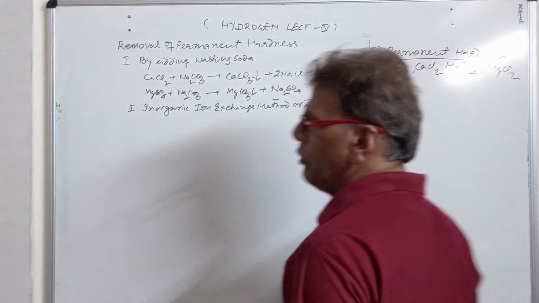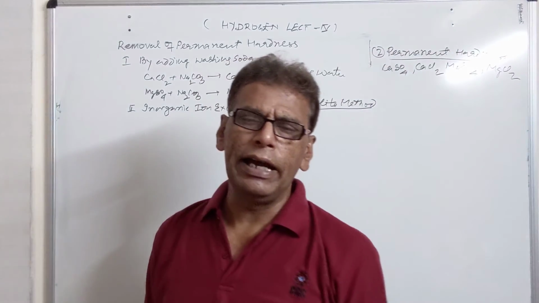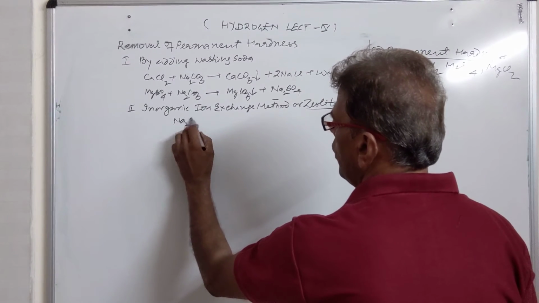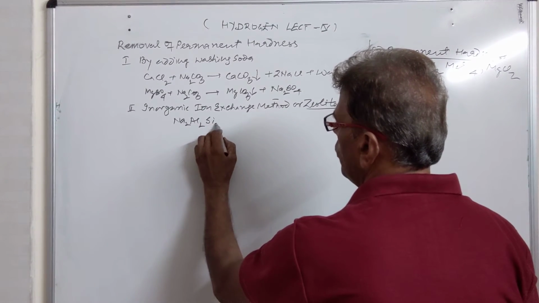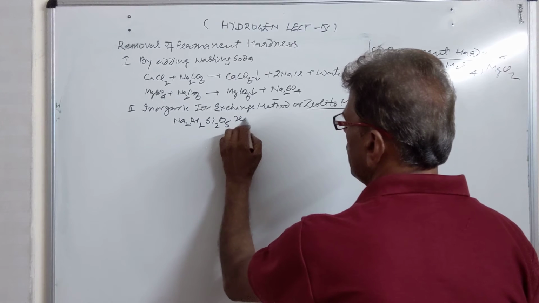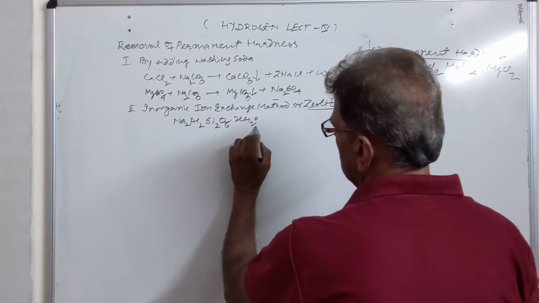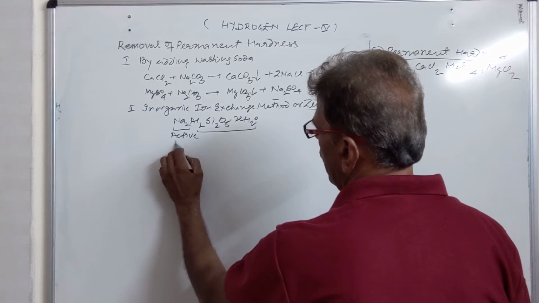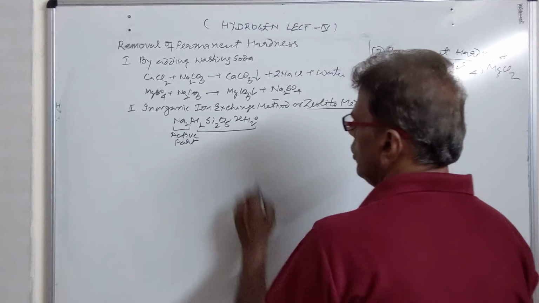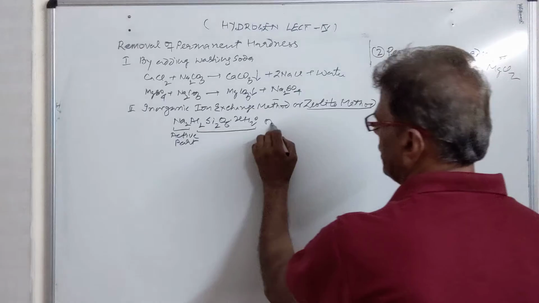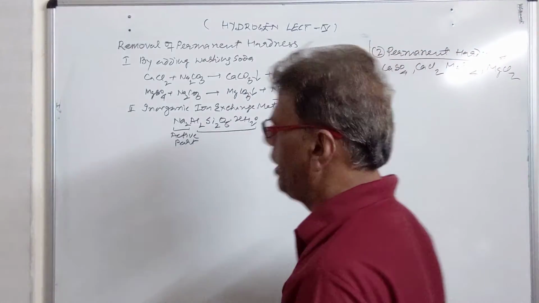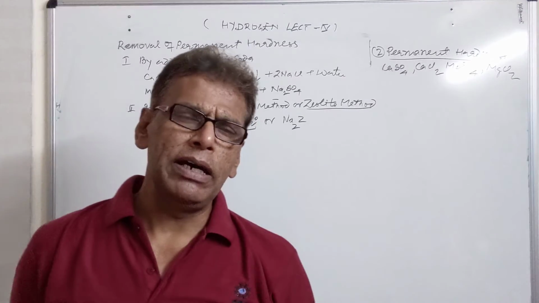In this method, we use three-dimensional silicates having formula Na2Al2Si2O6·xH2O. Since sodium is the active part of this salt, we'll be using Z for this. It can be written as Na2Z. So this method is also called the permutit method.